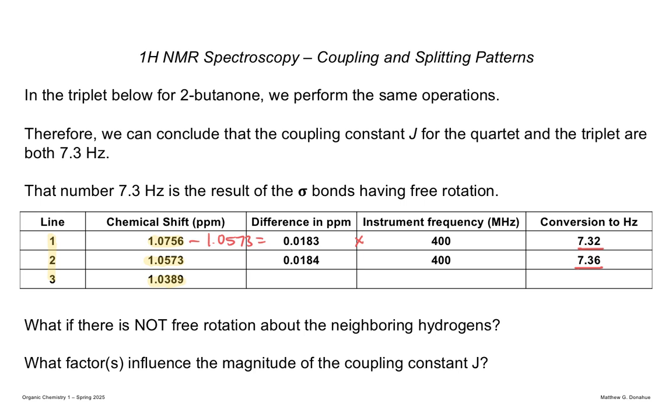So there has to be a reciprocal relationship between coupling. The coupling constant, the constant, means a couple things. Again, regardless of whatever instrument frequency you're on, for that compound, that's always going to be 7.3.